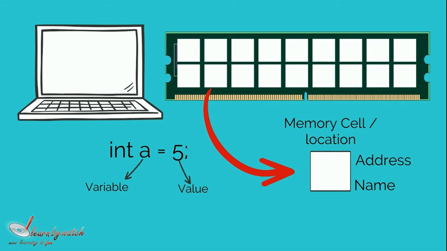So we give those variables a name, and that gives us a small piece of memory allocated for that particular variable that we can use to store some value inside of it. You can see here in the little example we've got a variable being created called A, which is not a very good variable name, but it'll do for our example. So that's giving us a small piece of the computer's memory labelled with that name, so that we can refer to it. And we're storing inside that location a value of 5. So that's what variables do and how we make use of them in programming.